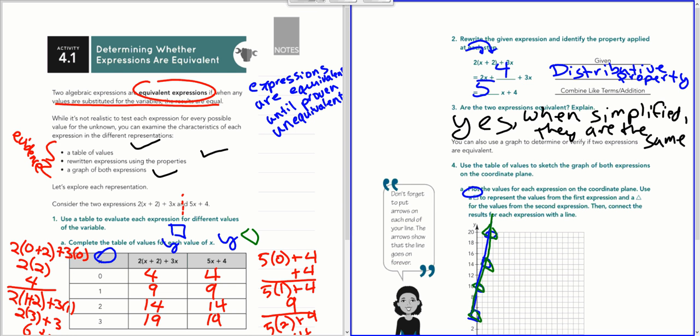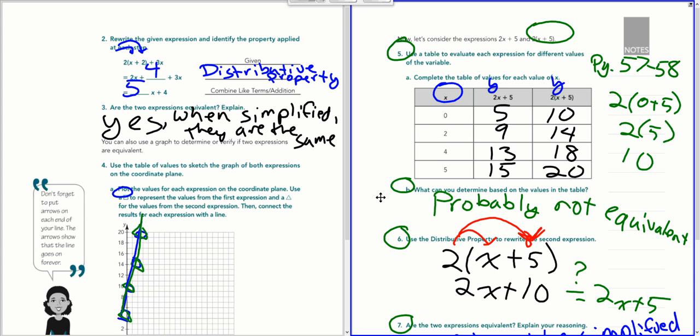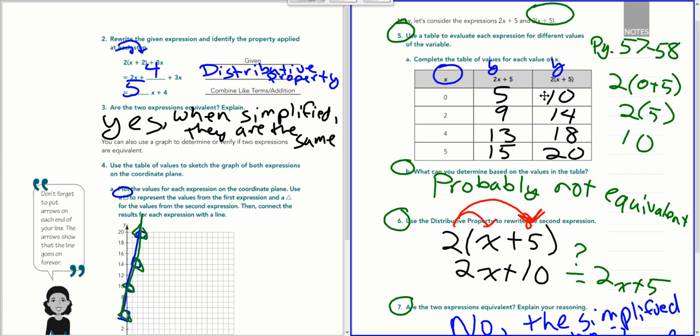Then I gave you a chance to try the next one on your own, with tables. And we found out that as you enter these values, they are not the same. The table is not looking like they're equivalent, so we said they're probably not equivalent. Then we did the distributive property with the more complicated expression, and we found 2x plus 10. 2x plus 10 is not equal to 2x plus 5, which was the other expression.